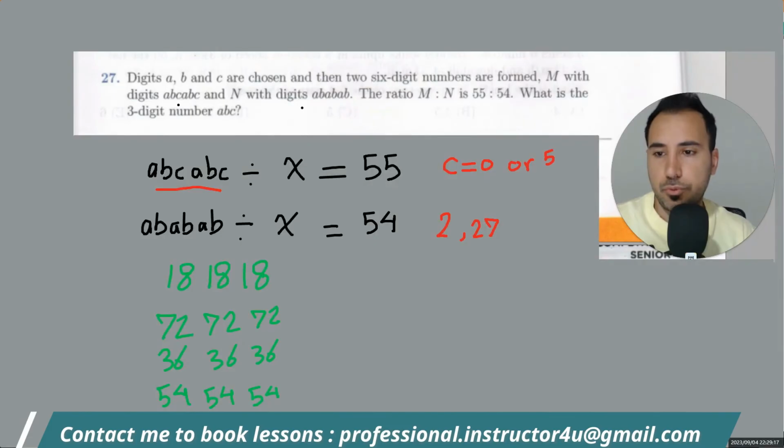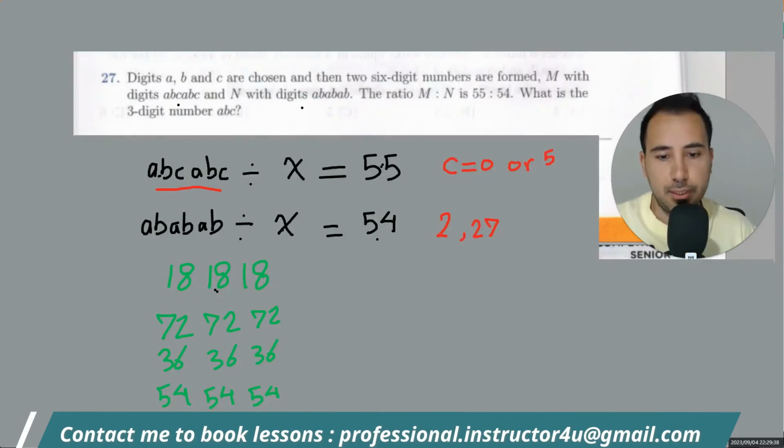Okay, so from here you have to check these numbers. First, this number 181818, we divide it by 54. We find X, we multiply it by 55. It's supposed to be this number with C being 0 or 5.